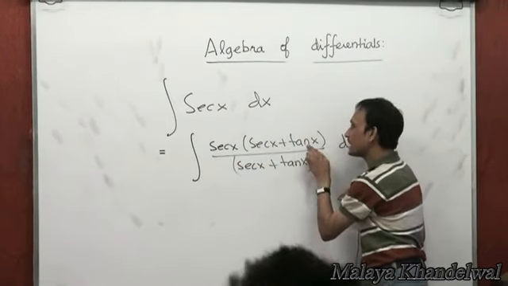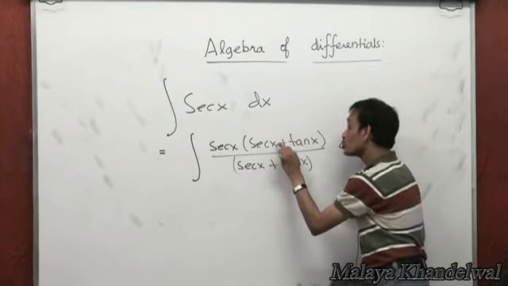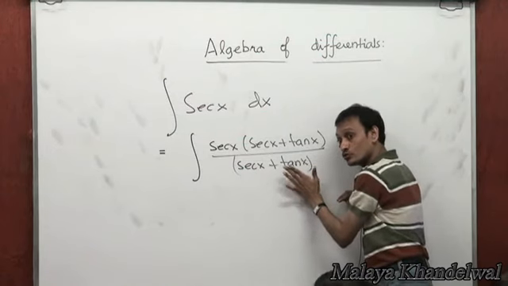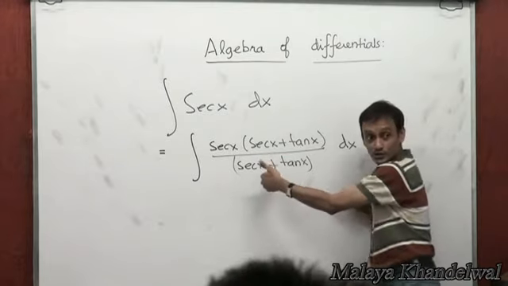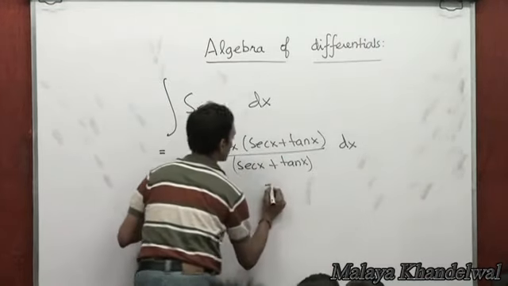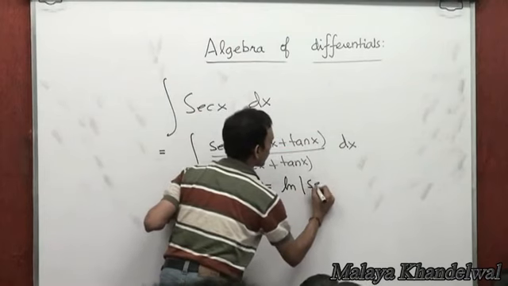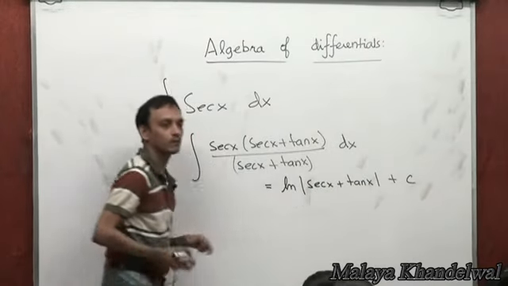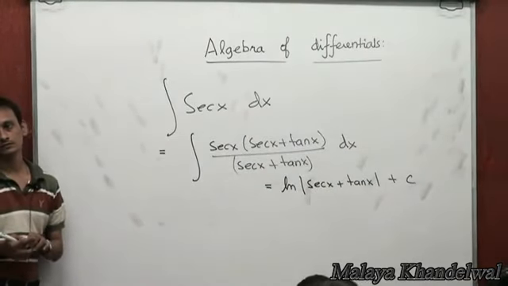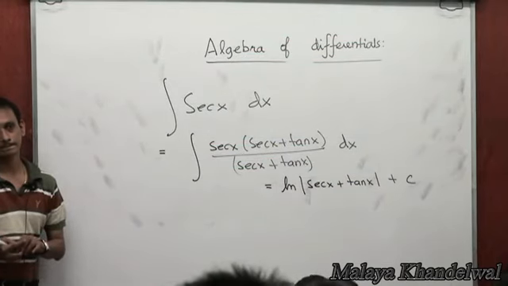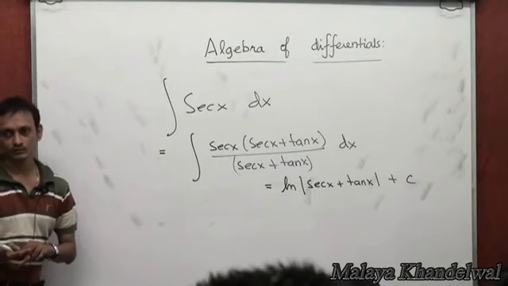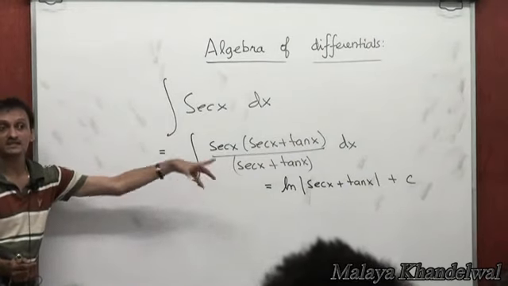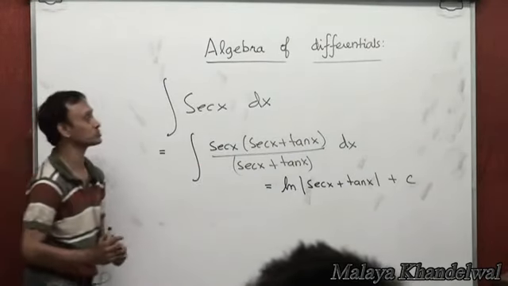Sec squared x. The numerator is therefore the derivative of the denominator and the integral would be log mod denominator. So integral sec x is log mod sec x plus tan x plus c. Another standard integral, you have to remember this.